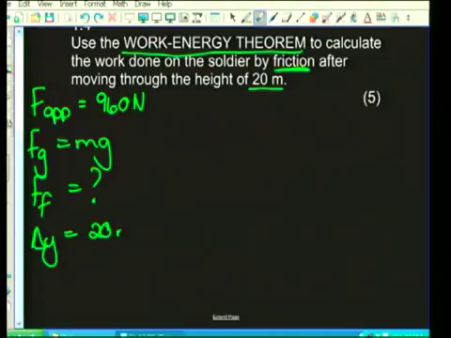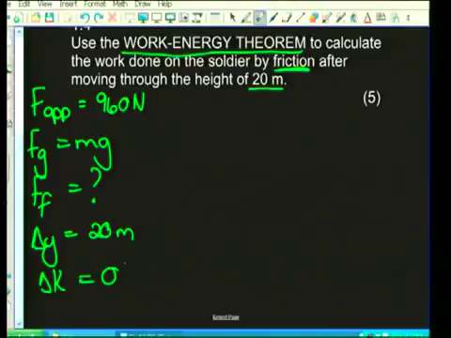He's going through a vertical height, so that's delta y, not delta x. Okay. He's moving at constant speed, so that means that acceleration is zero. It also means that there's no change in kinetic energy. This is actually the important part, because we need that to do the next part. Watch.